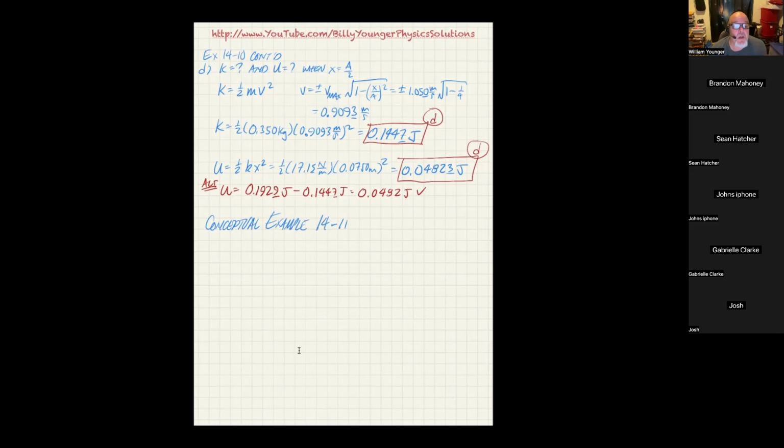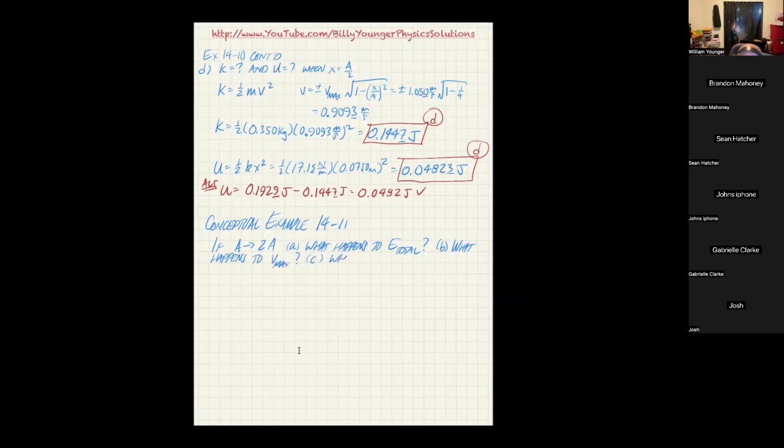Basically what they're saying is, if A changed to twice A, they want to know: A, what happens to E total; B, what happens to V max; and C, what happens to A max.